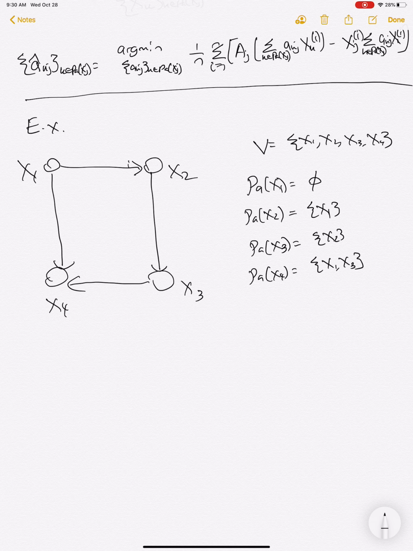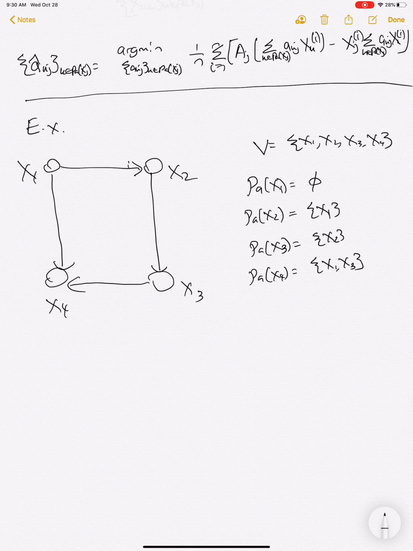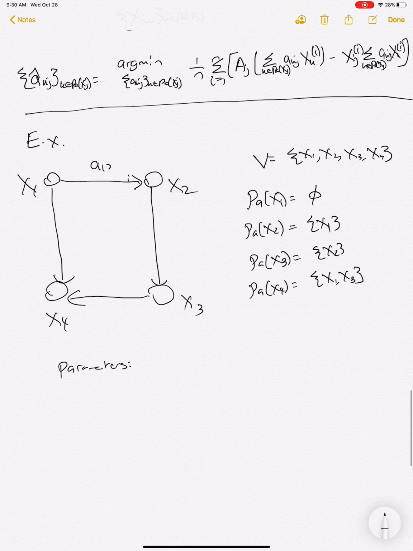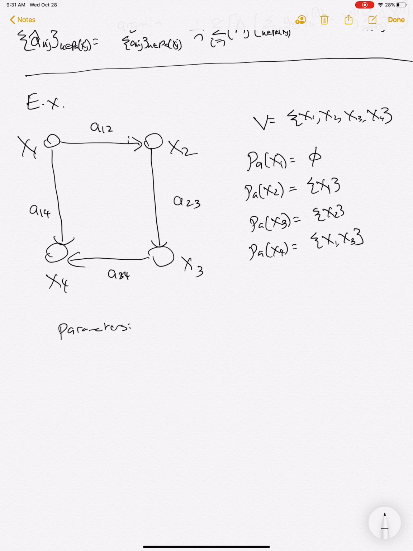So what we then have is, the parameters we need to learn here, you can see that I can label them on this graph: A12, A23, A34, and A14. So the way we learn A12, we can have A hat 12 equals the argmin of A12, and you can use the GLM function in R to solve this.